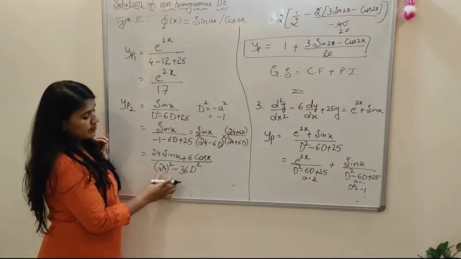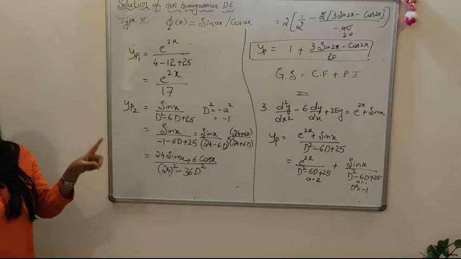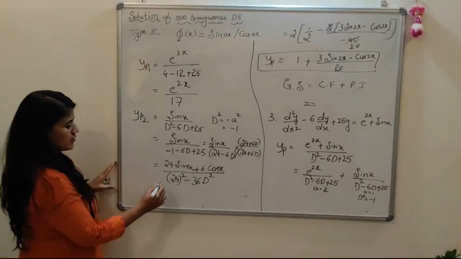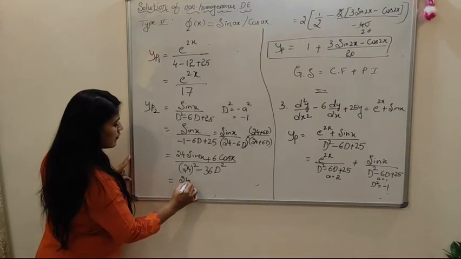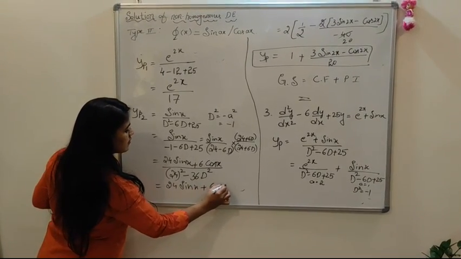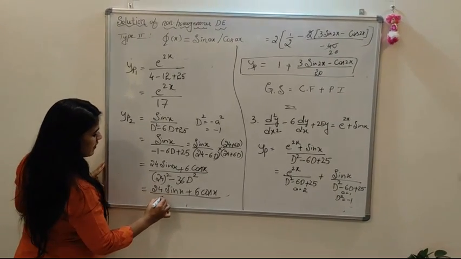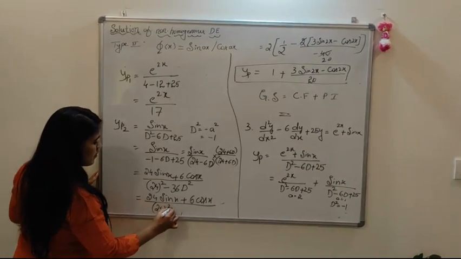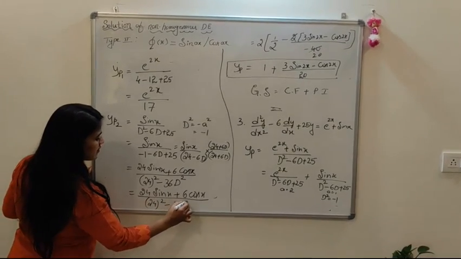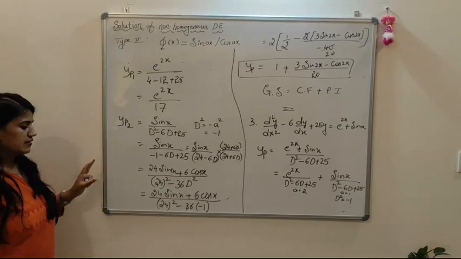Here it is not required to separate the denominator, since both have the x coefficient common. So you are having 24 sin x plus 6 cos x divided by 24 square minus 36 of d square replaced by minus 1, minus into minus plus 36.